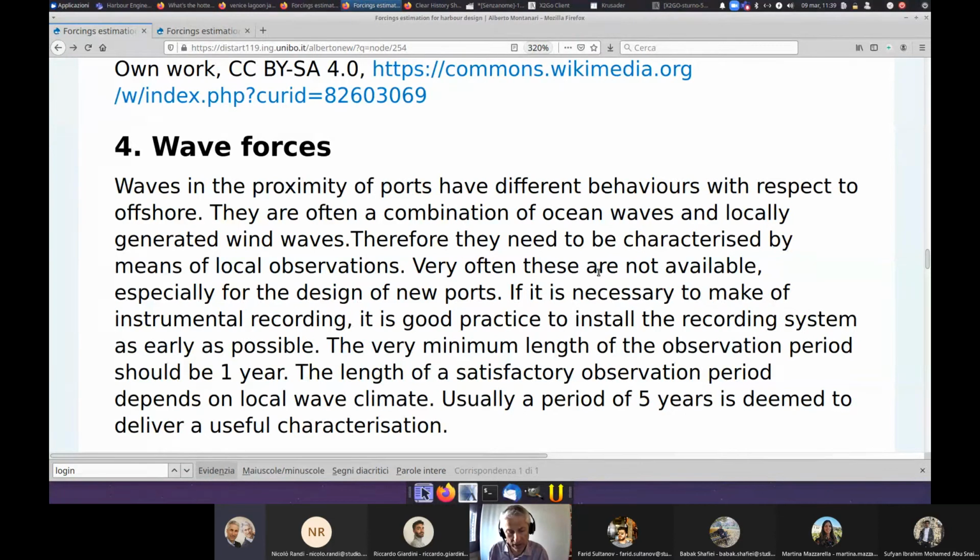I think you already discussed wave forcing with Professor Archetti, when talking about the design of coastal defenses and breakwaters, and you know that you need to refer to extreme wave conditions, of course.